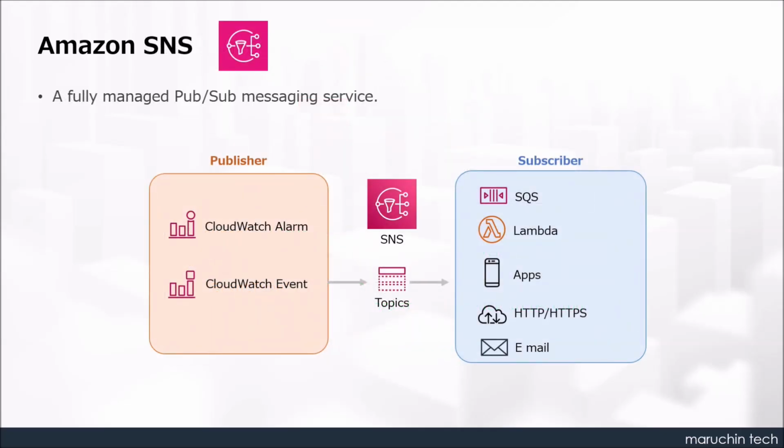Finally, let's introduce Amazon SNS. Amazon SNS is a fully managed pub/sub messaging service. It allows you to push lightweight messages, like mobile push notifications, to a large number of subscribers. However, note that it's not suitable for rich text or two-way communication.